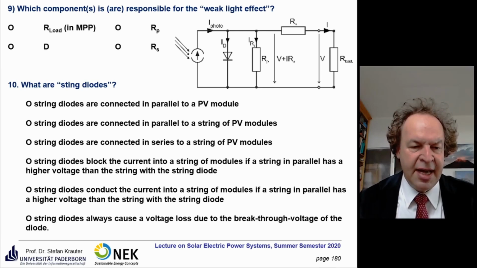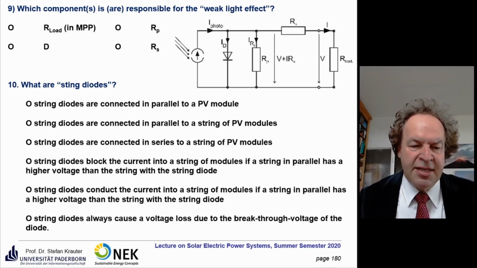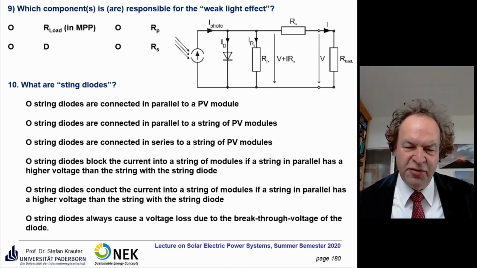Or string diodes conduct the current into a string of modules if a string in parallel has a higher voltage than the string with the string diodes, or string diodes always cause a voltage loss due to the breakthrough voltage of the diode.